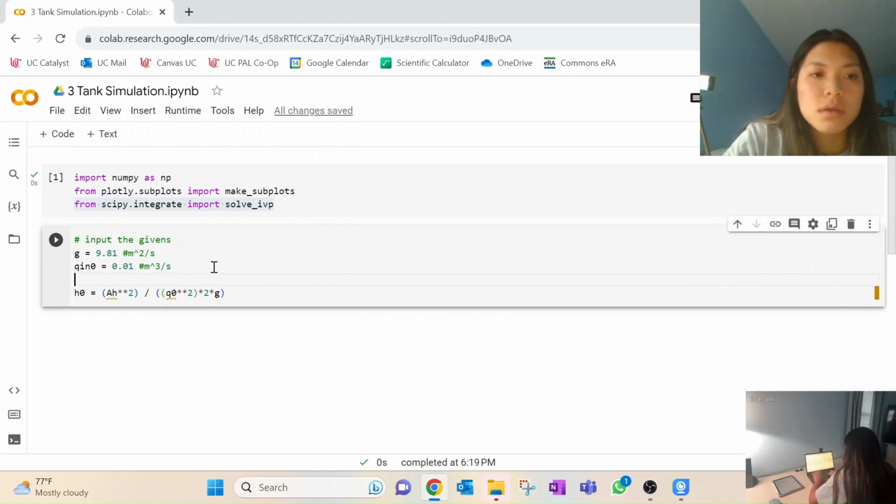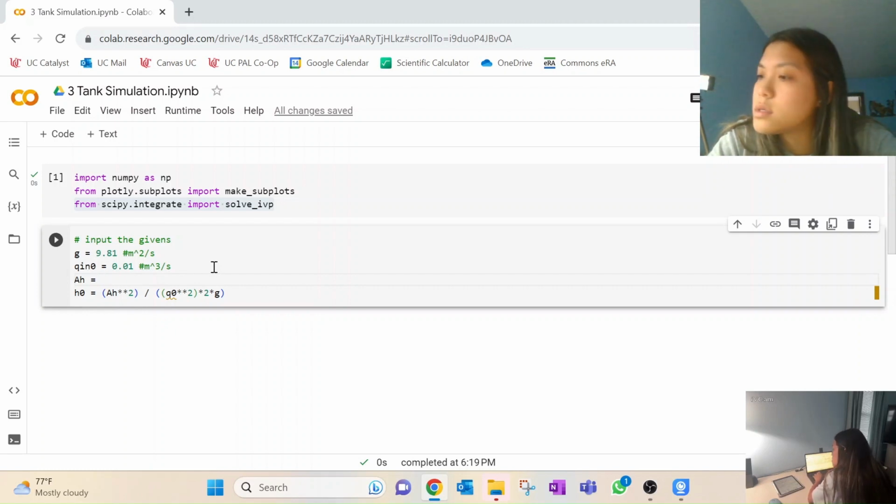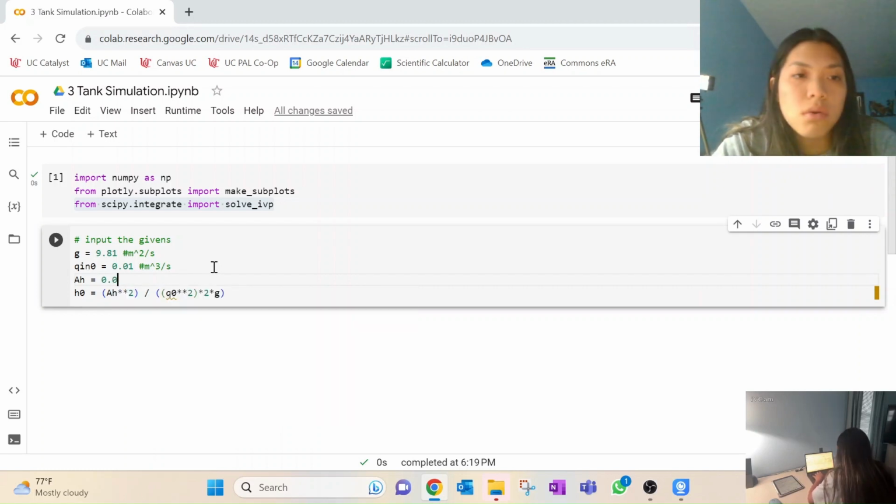And so then the area of the drain hole is 0.01. This is meters squared.